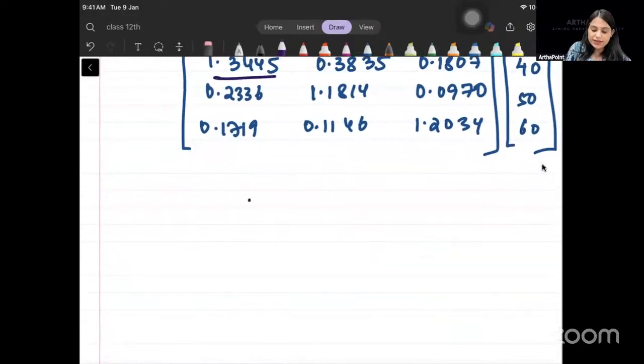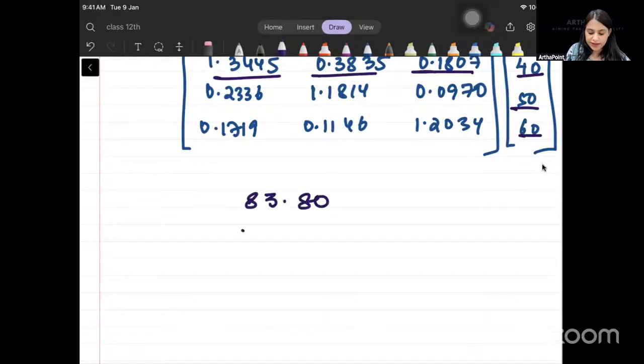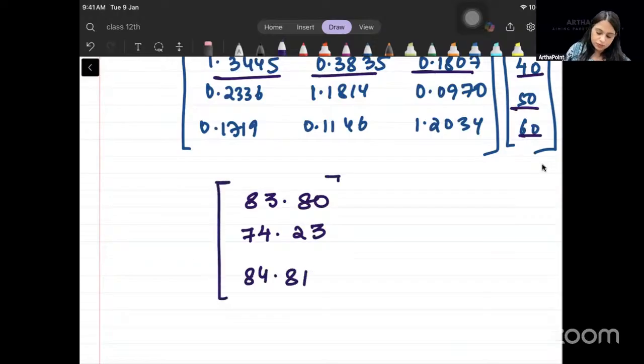If you multiply this with this plus this with this plus this with this, जो आपका first element निकल के आएगा, that will come out as 83.80 according to my approximation, 74.23 according to my approximation, and 84.81. ठीक है? So as I said, this may be a little different for each of us. किसी का 83.5 आ सकता है, किसी का 74.4 आ सकता है.